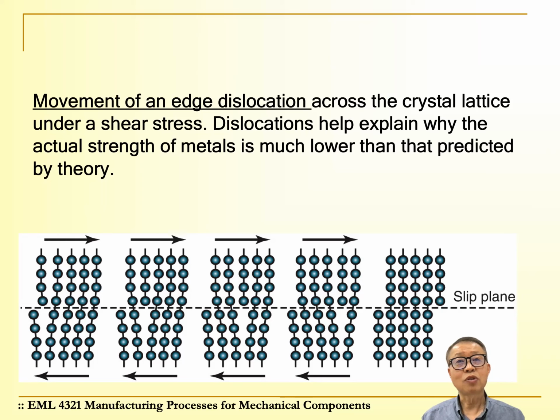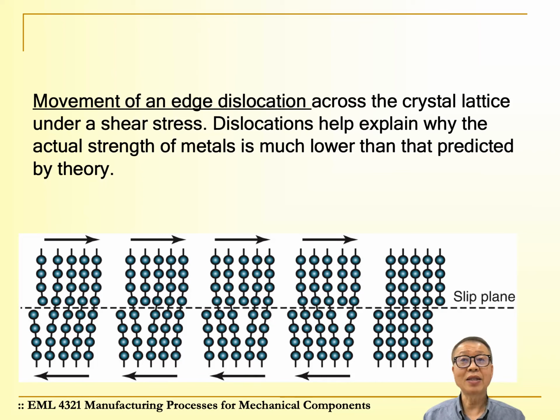So from left to right, you can see, to our eyes, it looks like this empty line is moving from left to right. So dislocation movement is often compared to the movement of an inchworm.